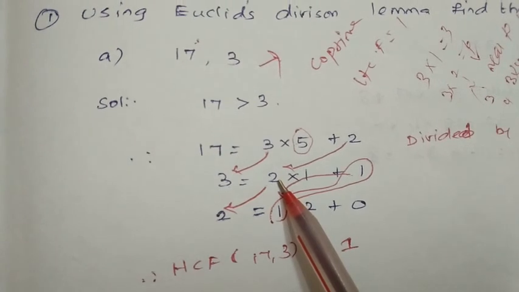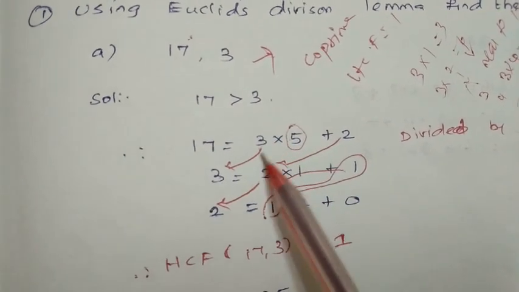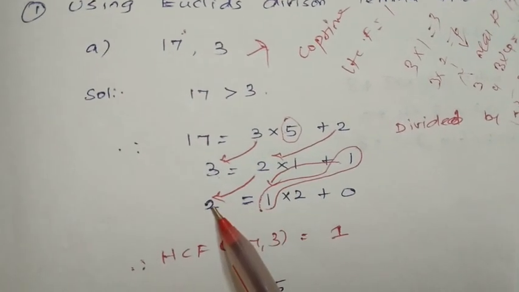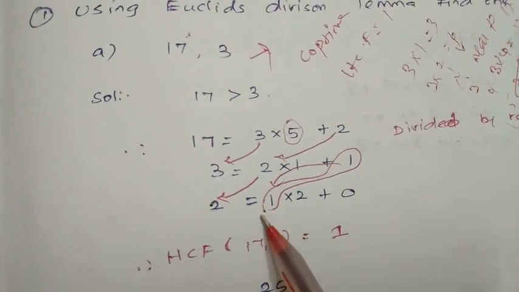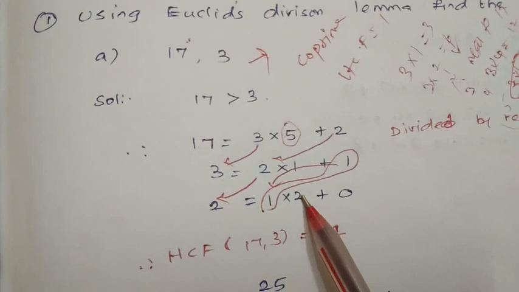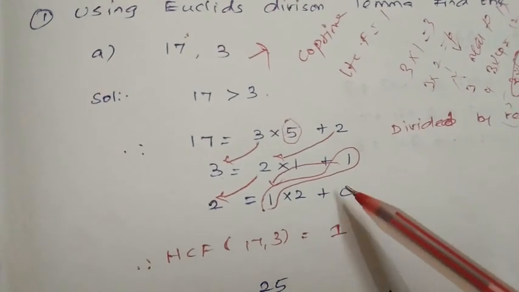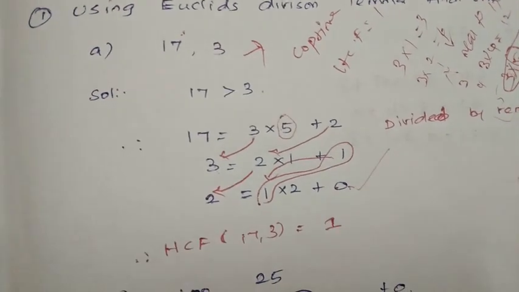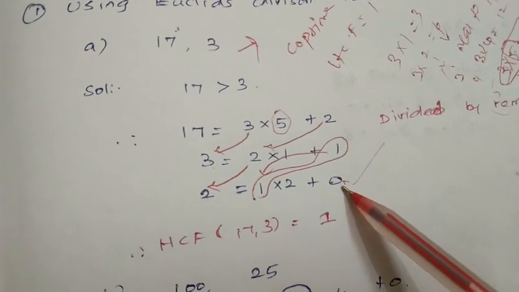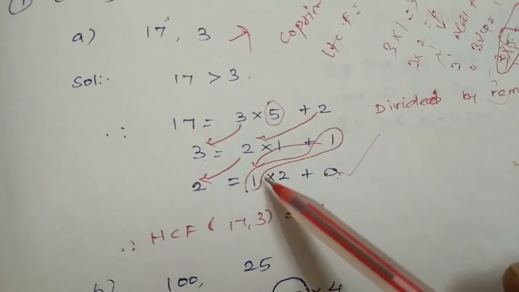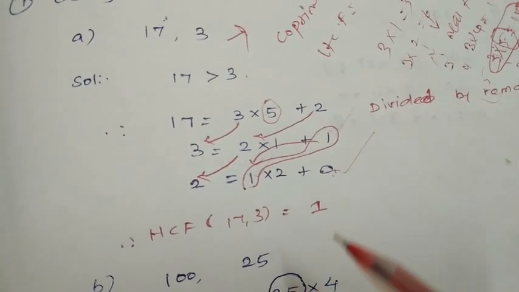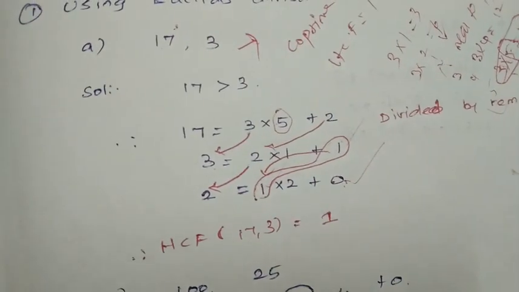So here we need to use 2 and divide by 1. So 1 into 2 is 2. So the remainder is 0. Up to remainder 0 you need to solve. If you have remainder 0, then the last divisor is the HCF of 17 and 3.